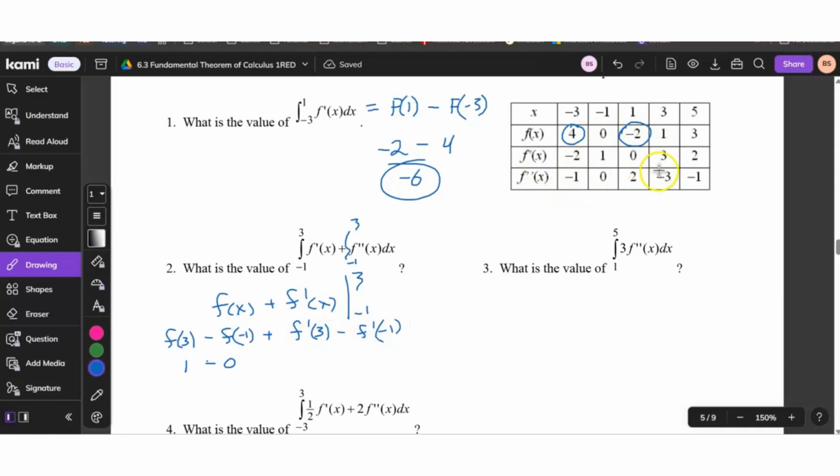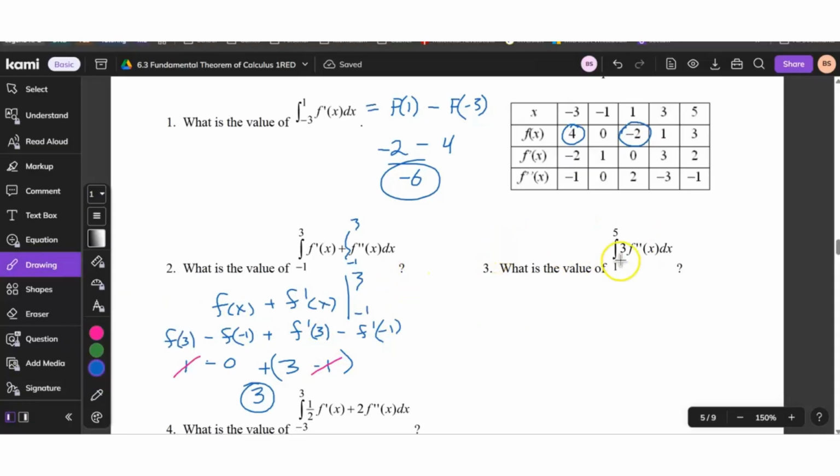Let's just do it for now and then I'll take a look at it. 3 minus f prime of negative 1 is 1. All right. So 1 plus 3 minus 3. Basically, the two ones can just cancel. No, I did it right. I was good. I had a momentary relapse of like, oh my god.